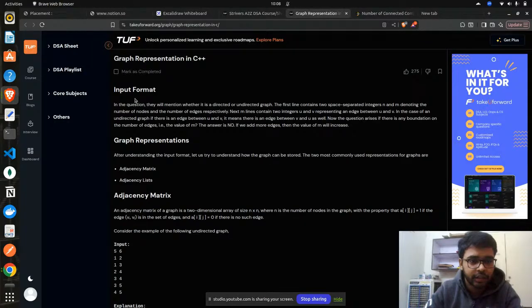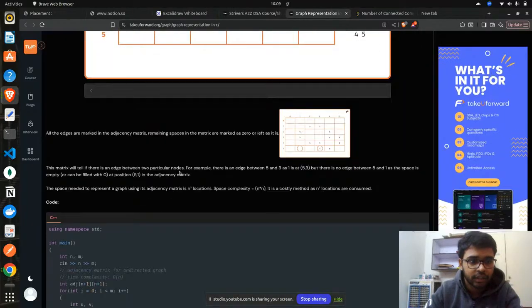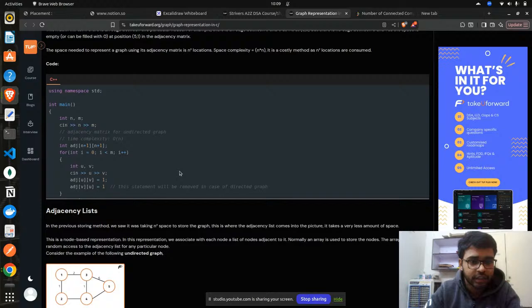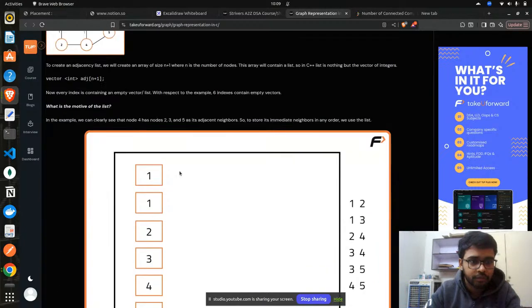C++ graph representation. Graph representation can be done in two ways. One is adjacency matrix, and the other is adjacency list.